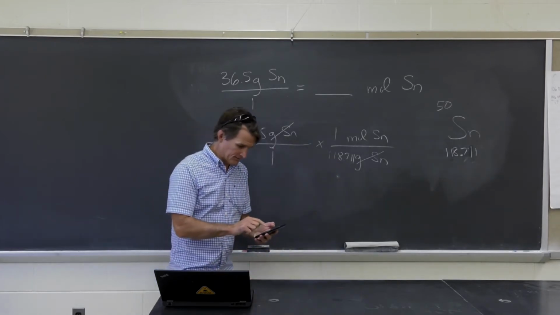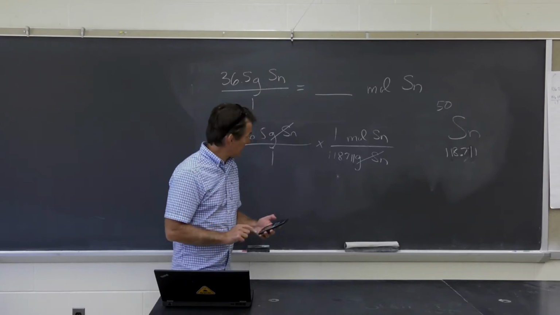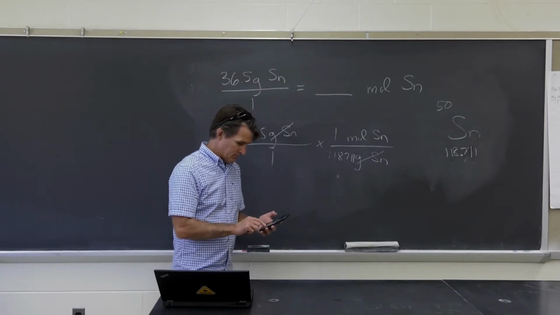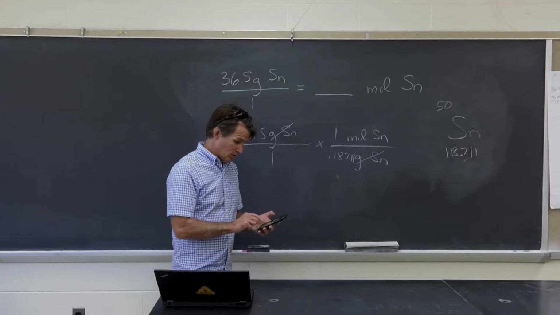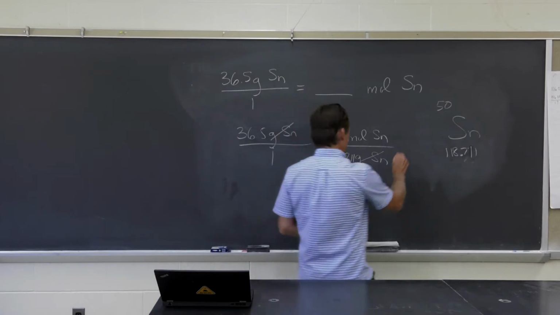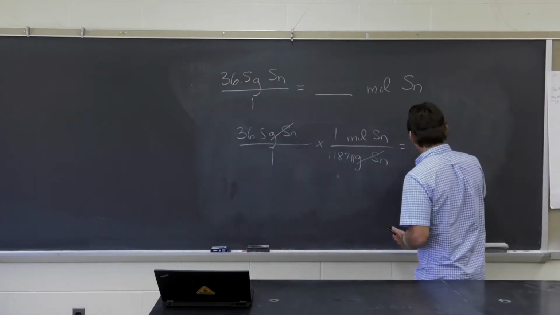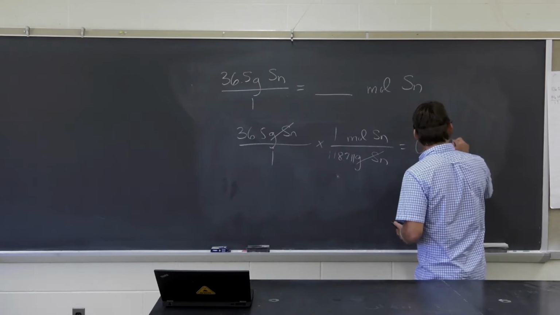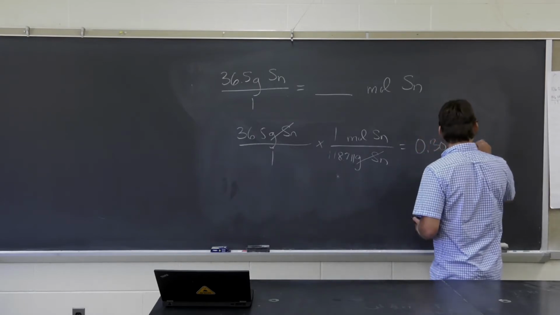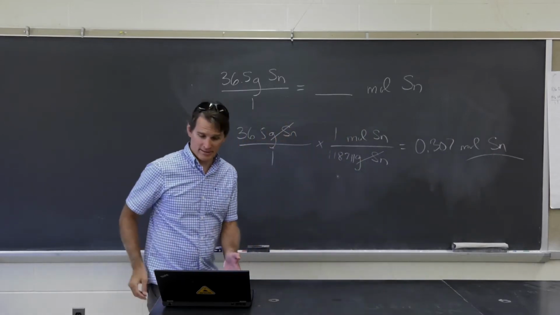Let's figure that out. 36.5 divided by 118.711. I'm getting 0.307. That would be moles of tin. That's that particular problem.